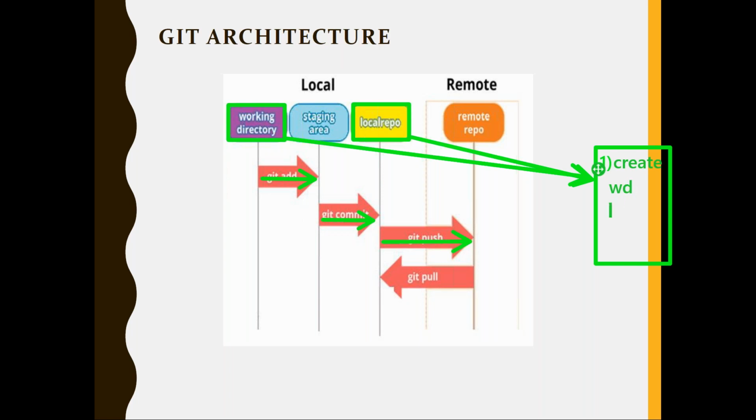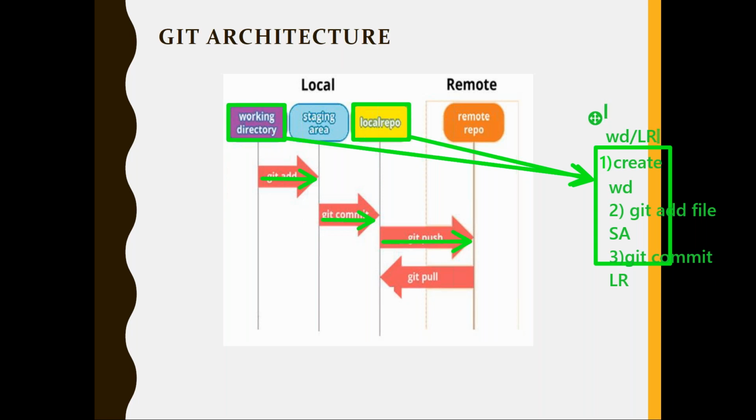After creating the file, if you add this file, then it is said to be in the staging area. Suppose after adding, you also did git commit. Git commit means it goes to local. Then we say the same file is in the local repository. But physically, that box is your working directory or local repository, one and the same.